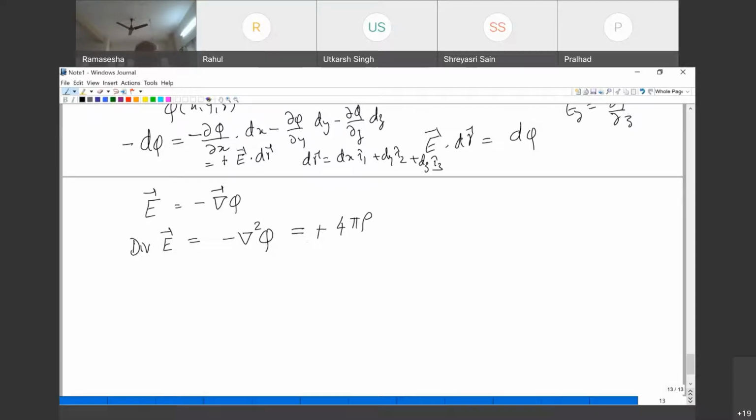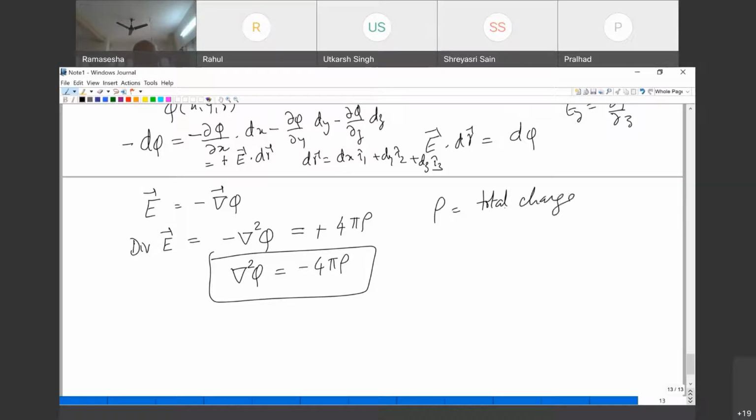Okay, we have the following equation, which is del squared phi is equal to minus 4 pi rho. 4 pi rho is the total charge density, total charge. Q is only when you have one charge. Okay, so 4 pi rho is what I've written.